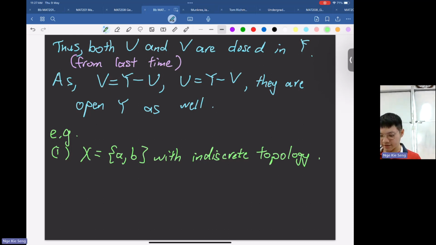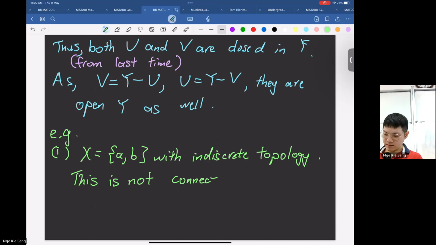Okay, so this is not connected, because there's no non-empty proper open and closed set. This is one of the TFAE we proved yesterday, right? What did I say? Not connected.